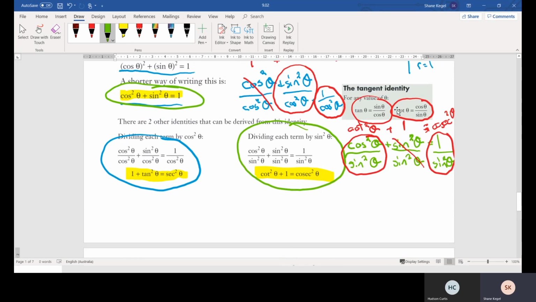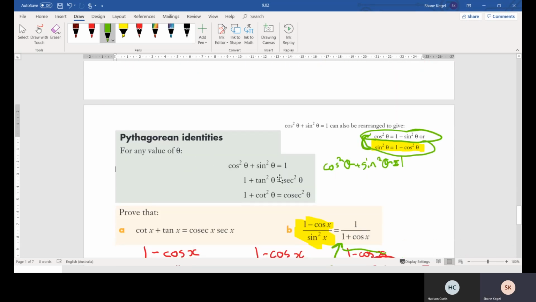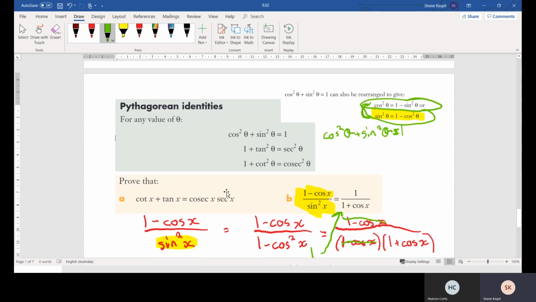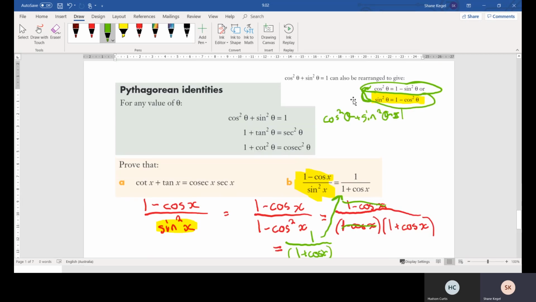We've got our tan identities, and also our Pythag identities. And remember that you can rearrange these to give other forms that might assist, depending on what we're given in our fractions, to try and find common numerator and denominator values.